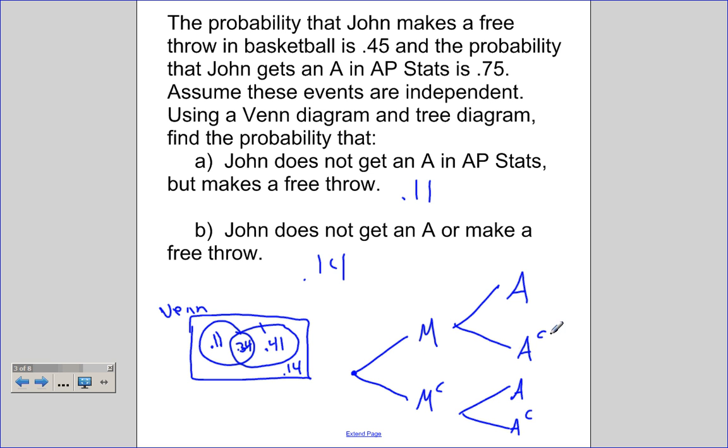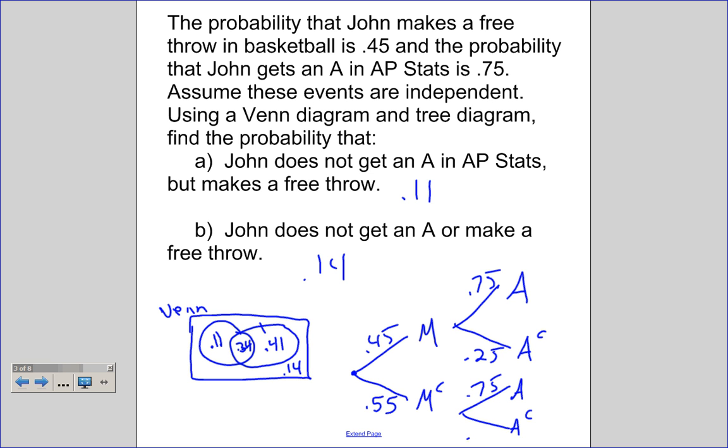And remember, doesn't get an A is A complement. So now we have to fill in the probabilities. The probability that he makes the free throw is 0.45, so the probability that he doesn't is 0.55. Now the probability that he gets an A in AP Stats is 0.75, so the probability he doesn't is 0.25.